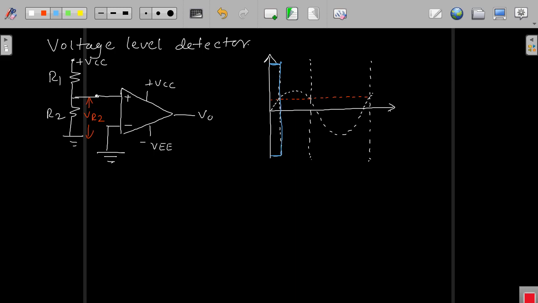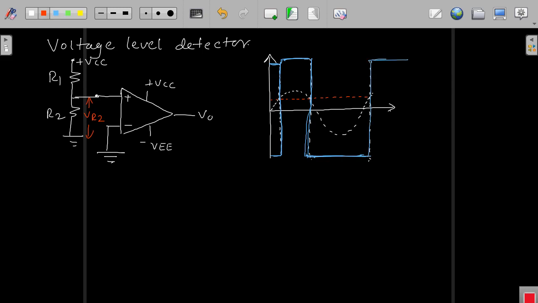Once the input goes beyond VR2, the output will go from minus V0 set to plus V0 set. Then it will go something like this. Then it will remain here, and again the swing takes place, something like this.